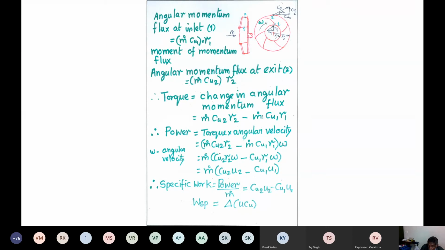You have a machine where this specific energy can be transferred by means of dynamic action. So that is a turbo machine. In a turbo machine, for bringing out this change in energy, the velocities change. How velocity should be changed is given by the Euler equation. So it's a very, very important equation for turbines, pumps, or any machine. That is the important equation.